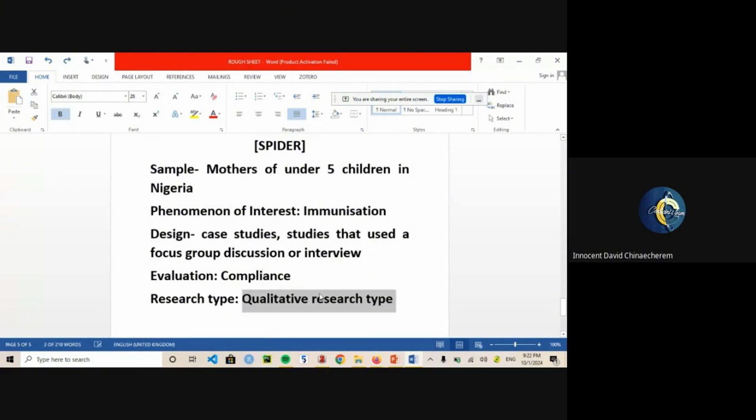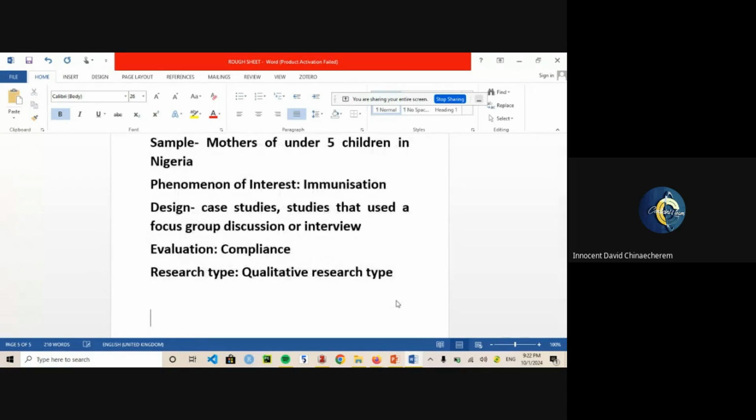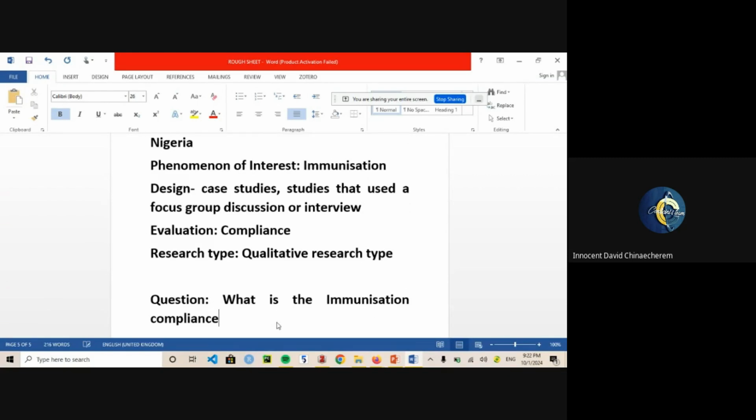So that is it. Now, in that case, your question will now be so simple. The research question now becomes: what is the immunization compliance level?